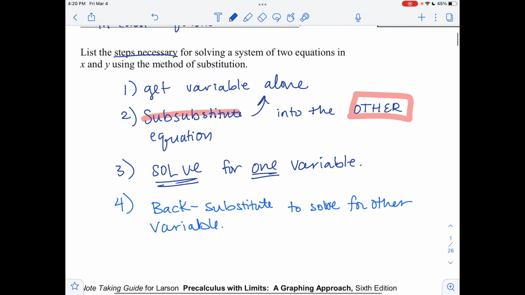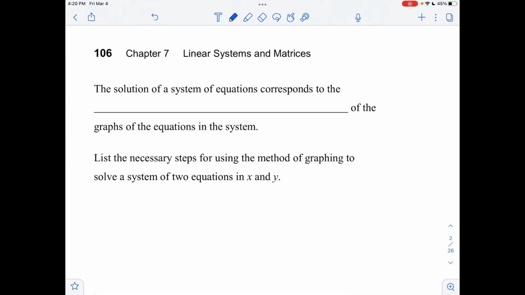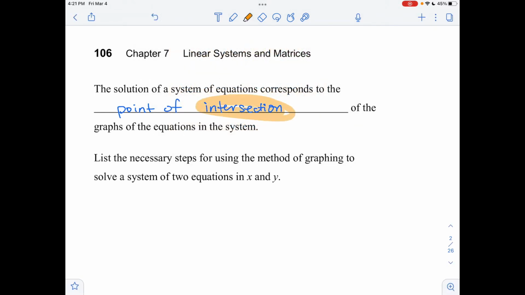Okay? So the solution of a system of equations corresponds to the point of intersection. We highlighted that earlier. This is just a good reminder that it's important that the point of intersection is the solution.